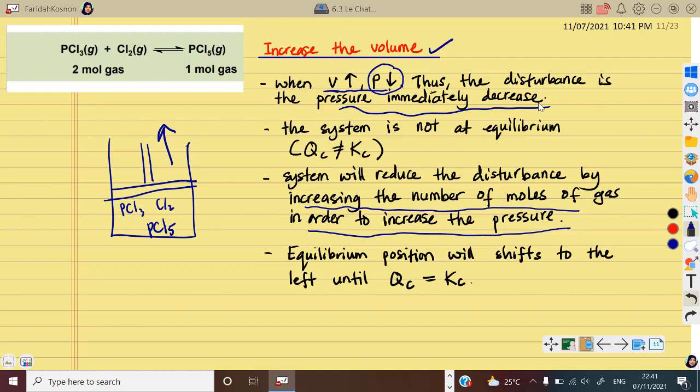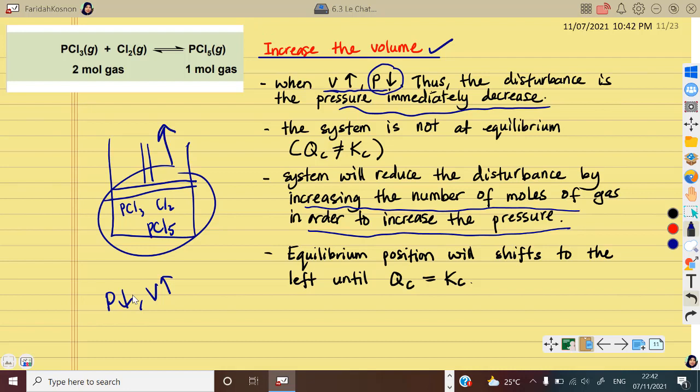Okay, dia akan gas pressure dalam ni immediately terus akan berkurang. Sebab kita dah belajar kan Boyle's law, dia inversely proportional antara pressure dengan volume. Okay. Volume increase, pressure akan berkurang.